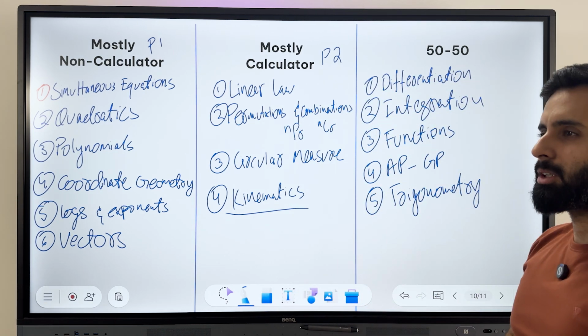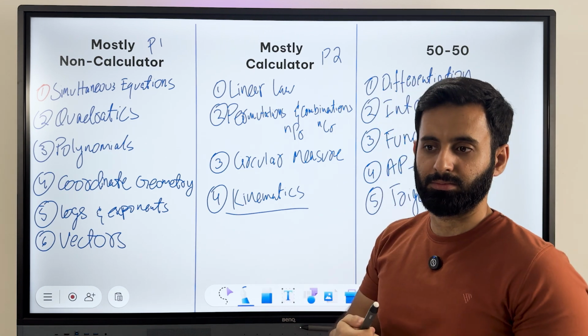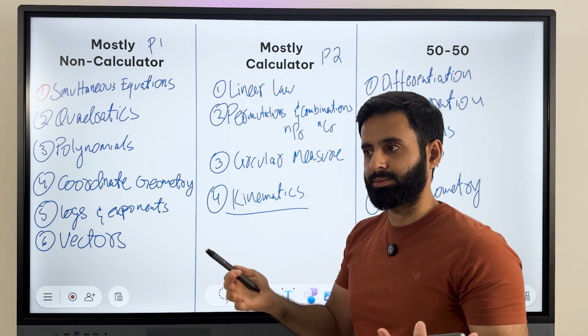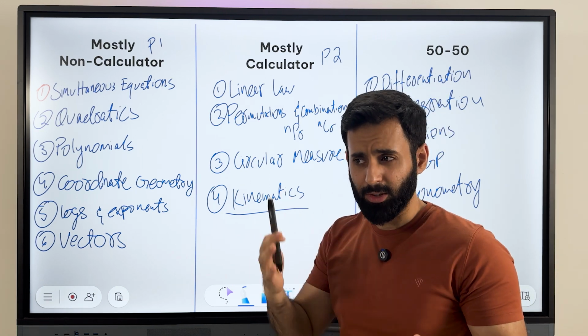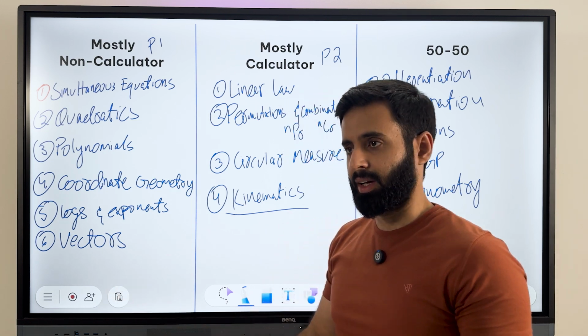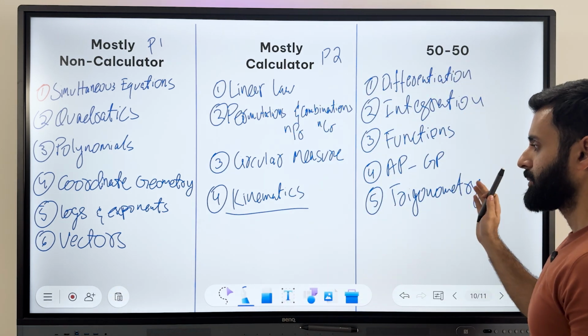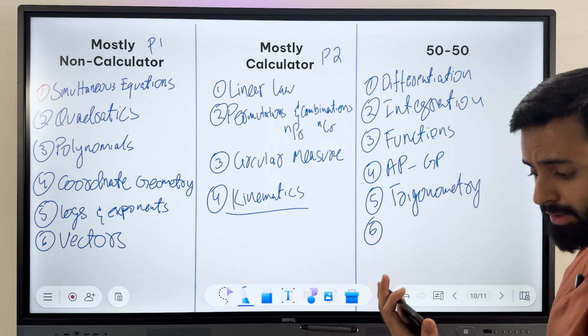But if you're talking about identities, you don't need a calculator. If you are making a sketch of sine, cos or tan, you don't need a calculator. If you're given a graph and you're supposed to find the period, amplitude and the constant, you don't need a calculator. So 50-50: in some areas yes, you do, and in some areas you do not need a calculator.